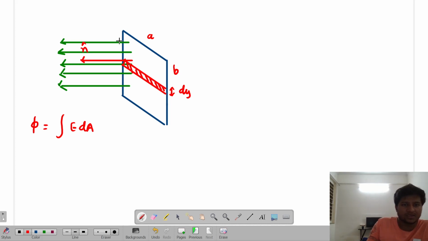But see that here this electric field is varying along that axis. Understand carefully that the electric field lines can vary in two ways, not only in one way. The point is simple: these electric field lines can vary in two ways.